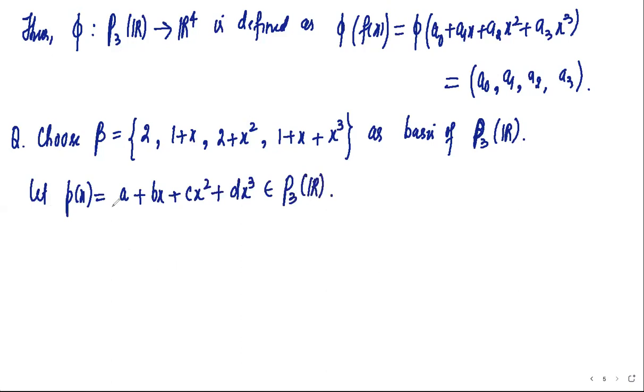So once we have p of x belonging to this P3(R) and beta is the basis of P3(R), therefore we can write this p of x as a linear combination of these vectors over some scalars from R. Now, since beta is the basis of P3(R).